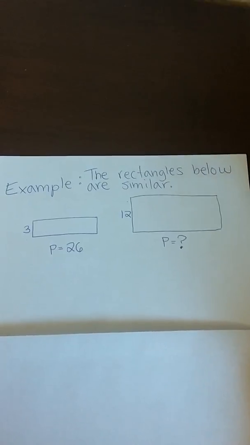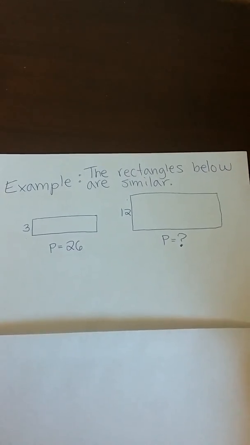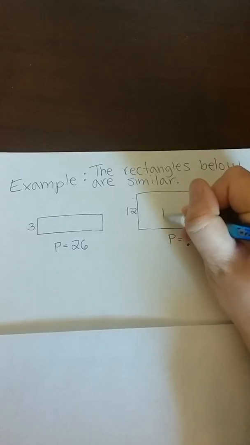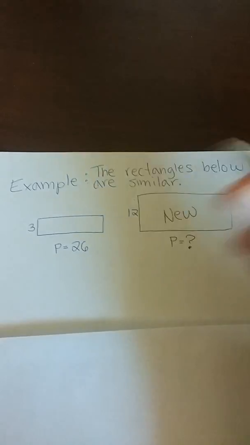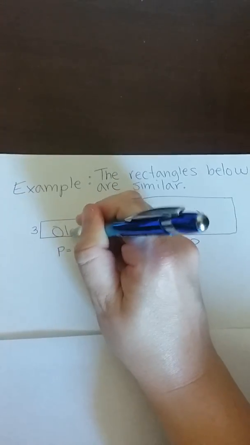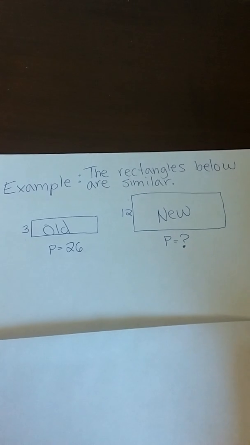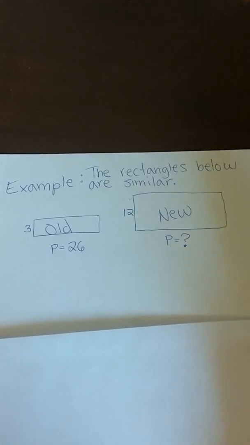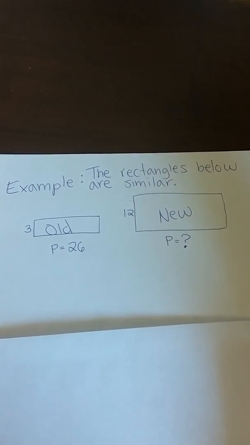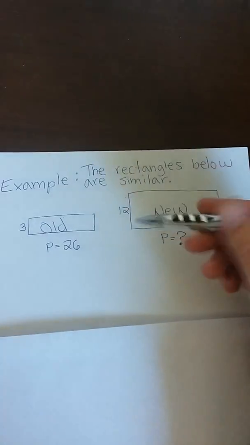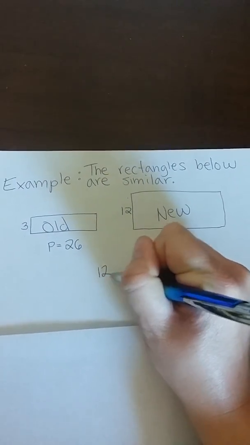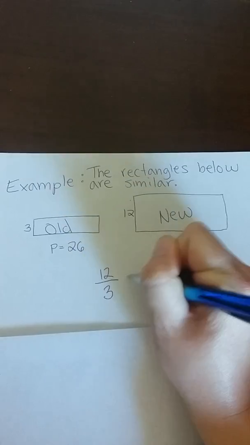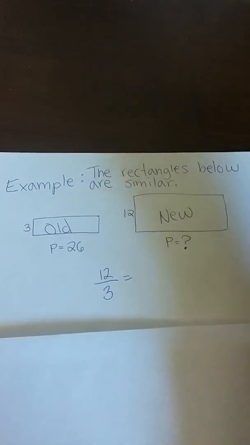Now in this one, since it doesn't give us our scale factor, I can decide new or old, but I'm still going to make the big one new and the little one old. Since I ran into that problem last time, I'm just always going to make the big one new and the smaller one old. So, new 12 over old 3 equals perimeters.